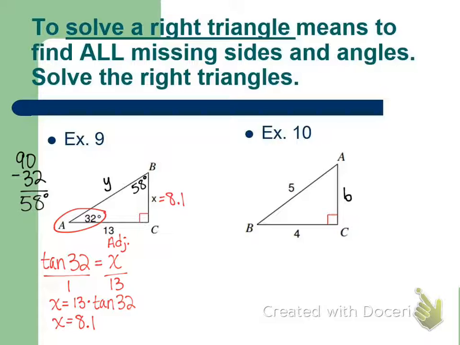Now, technically, we have 2 options to find y. We could use trig again, or we could use finding a missing side. We can't subtract. Okay, Pythagorean theorem or trig are our options. I personally would like to use trig again on this one. I don't like using the Pythagorean theorem if one of my numbers had to be rounded.